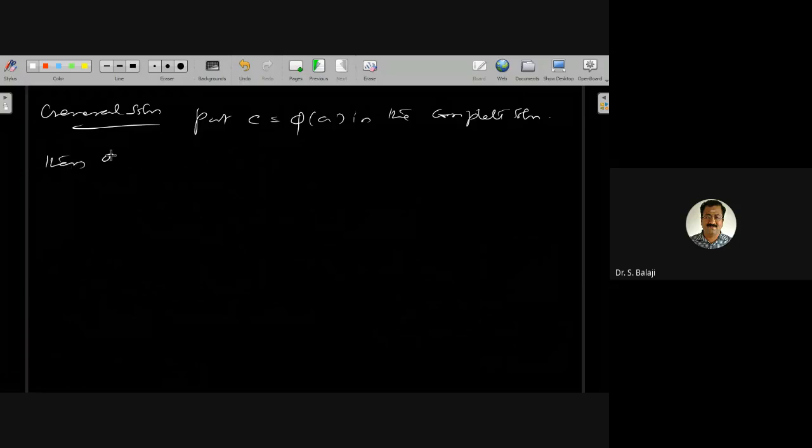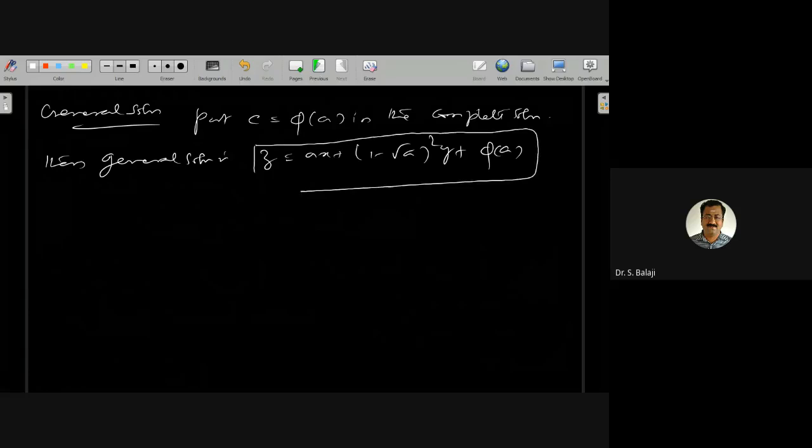Then the general solution is z equal to ax plus 1 minus root a whole square y plus psi of a.